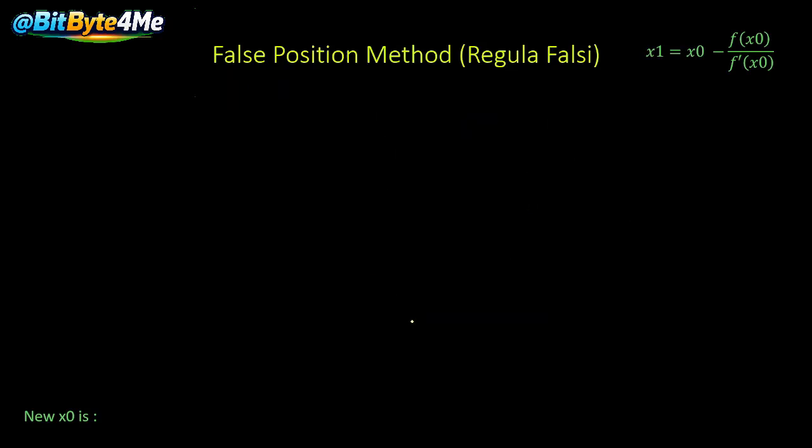Let's move to the next iteration, that is 6. Take x0 is equal to 2.2894.